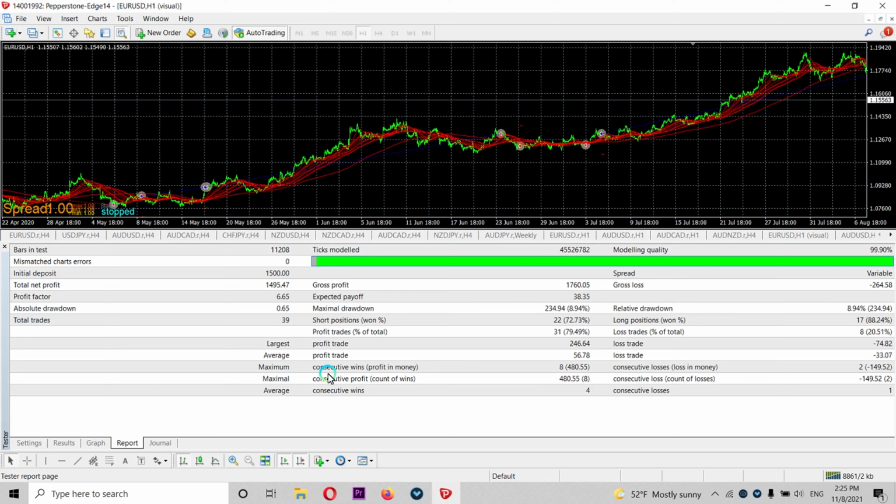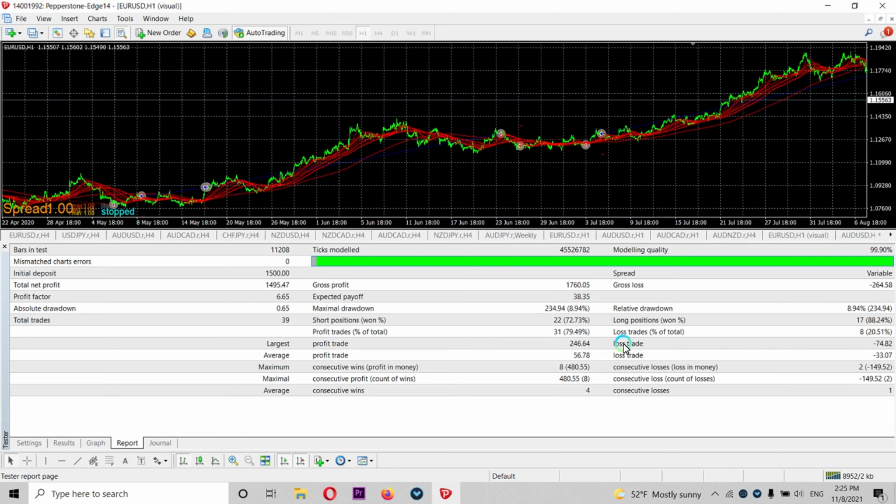So our average consecutive wins are much better than our consecutive losses. That's good as well. And the largest profit trade is just so much larger than the largest loss trade. So even though we used a fairly high safety stop loss, the dynamic exit crushed it, and the largest profit trade is a really good one.